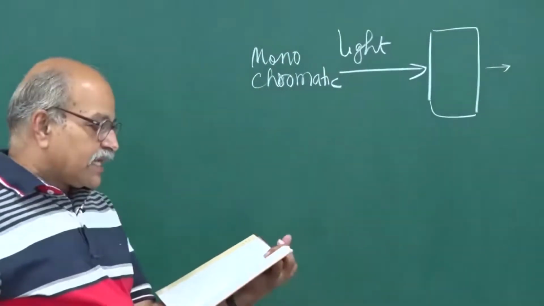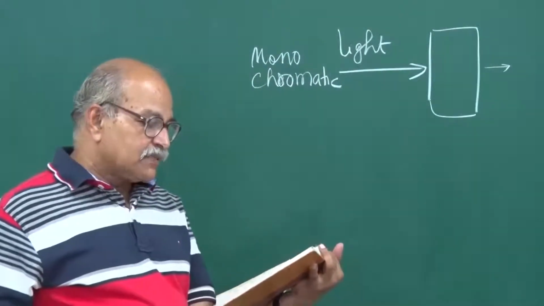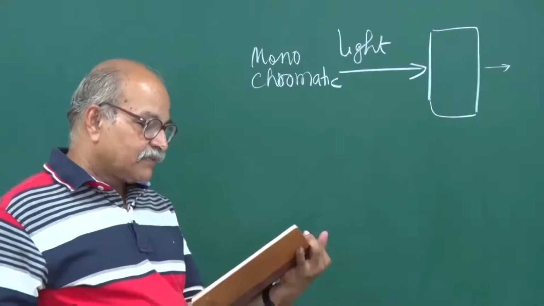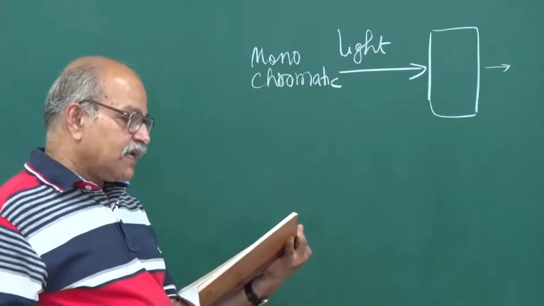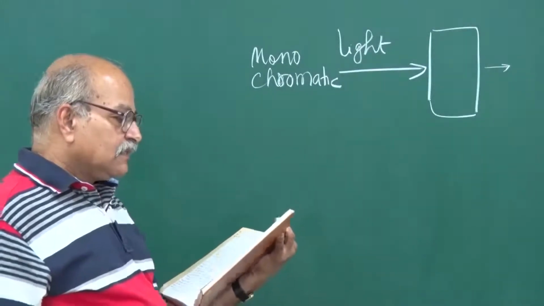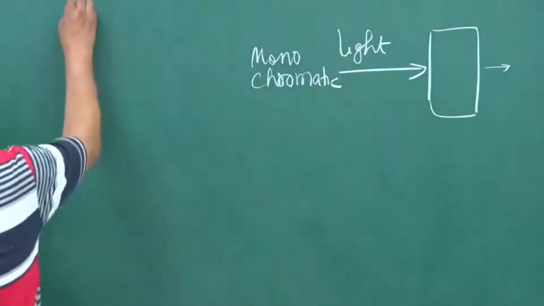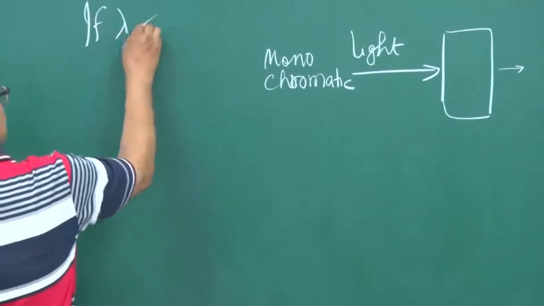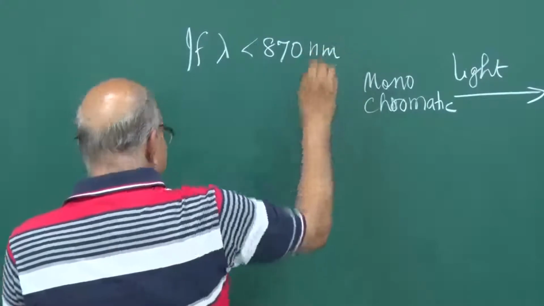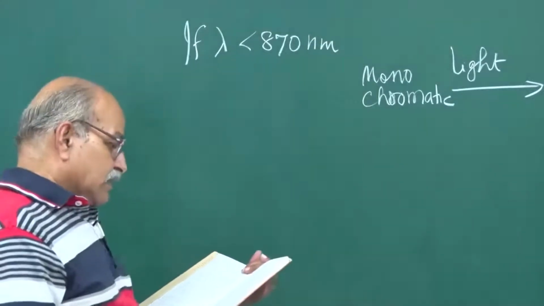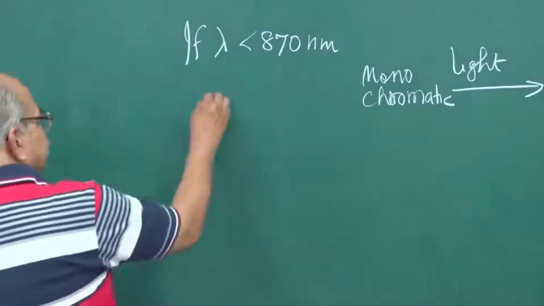The problem says that a monochromatic light is made to fall on a semiconductor, and it is found that if wavelength is less than 870 nanometers, the semiconductor is opaque.